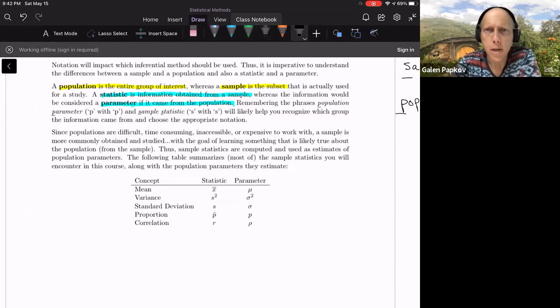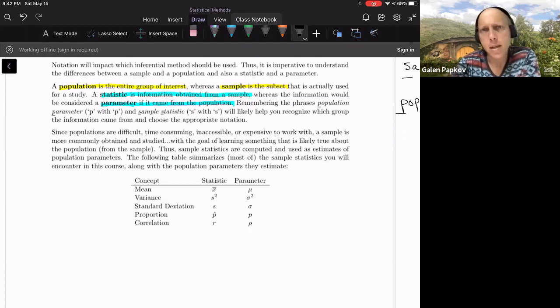If it's from the population, it's called a parameter. And so statistics estimate population parameters. And the way that I remember that is that S goes with S, sample statistics, and P goes with P, population parameters. And so statistics estimate parameters, which is the whole point of statistical inference.